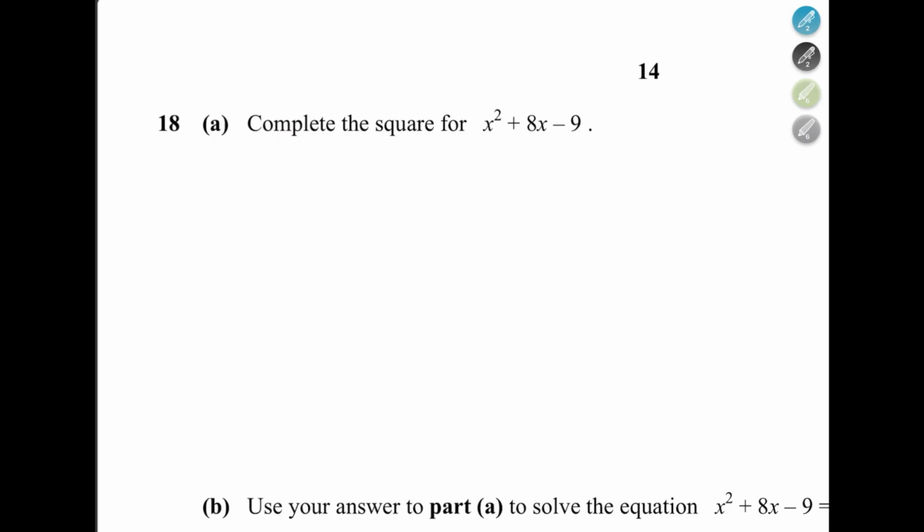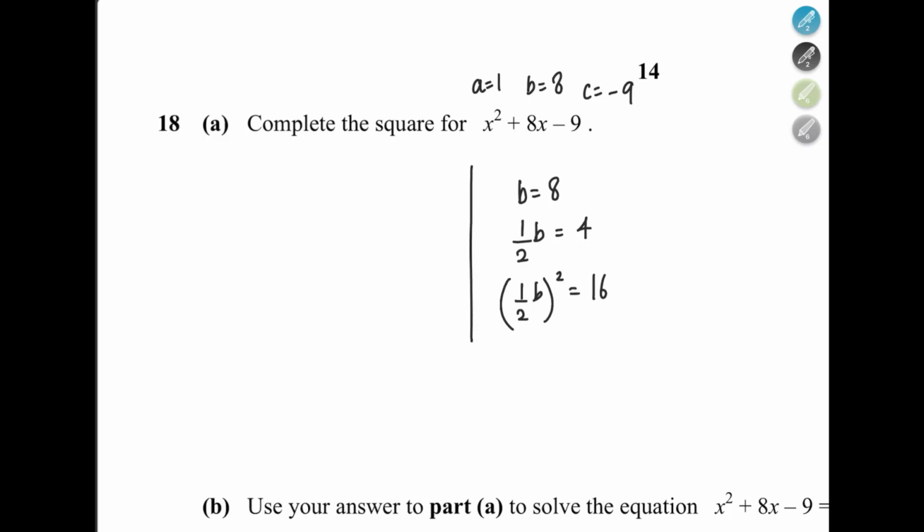Complete the square for x squared plus 8x minus 9. Let's call this a is 1, b is 8, and c is negative 9. So first of all, we have b equals 8. Half of b equals 4, half b squared equals 4 times 4 is 16. Now using this information, we can find the square.